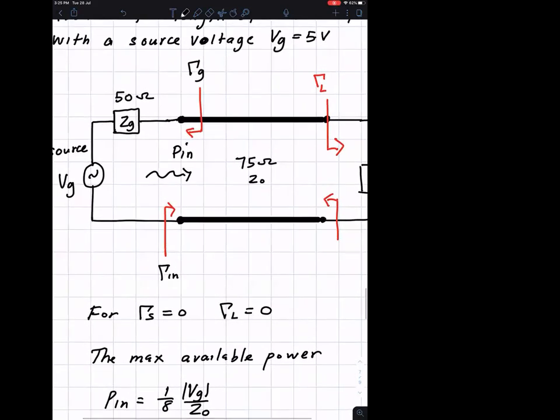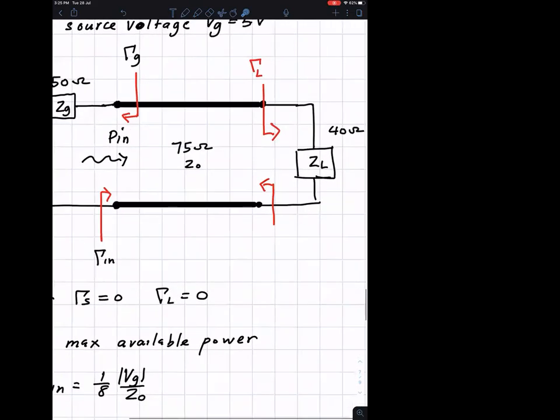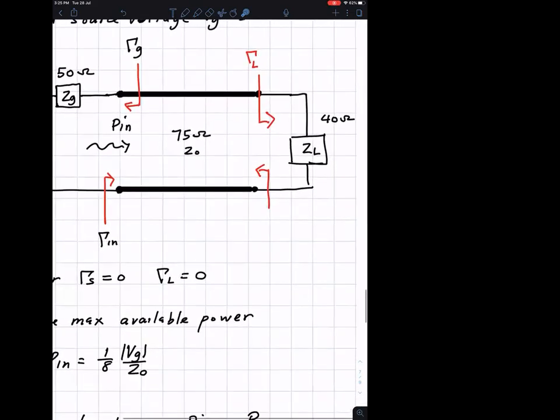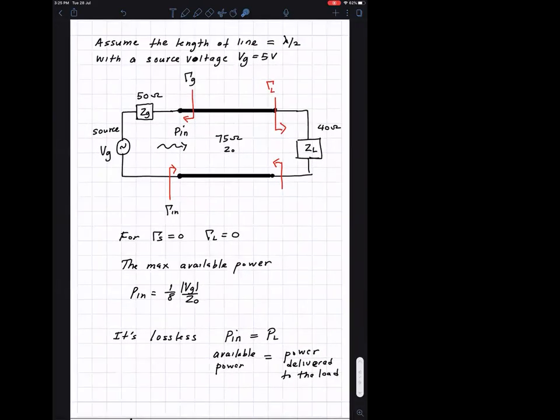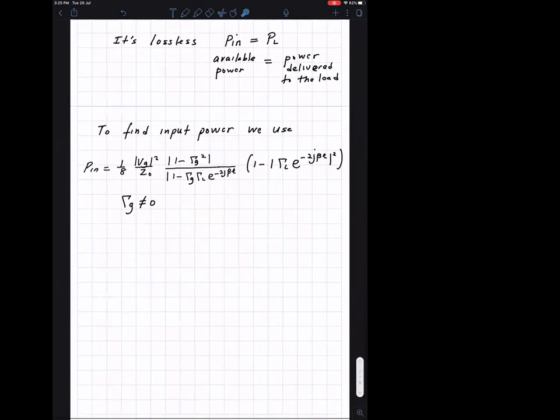The reflection coefficient at the source is not zero because the source impedance is not the same as the line impedance. And the reflection coefficient at the load is not going to be zero because the load impedance is not the same as the line impedance. So that's why we need this formula.